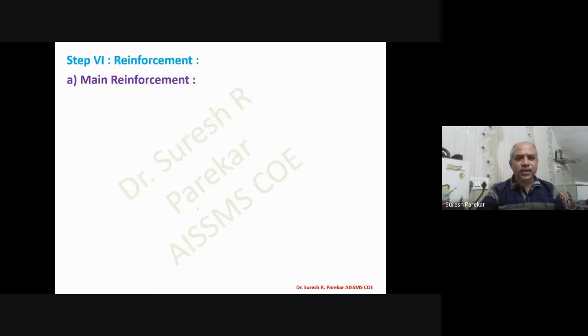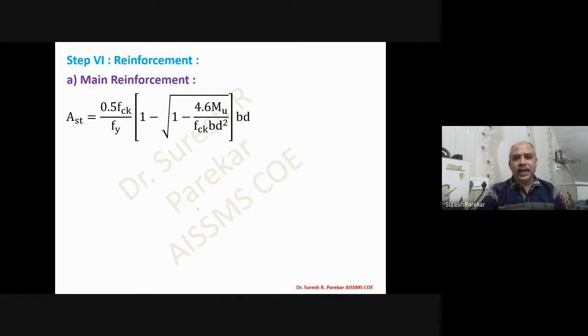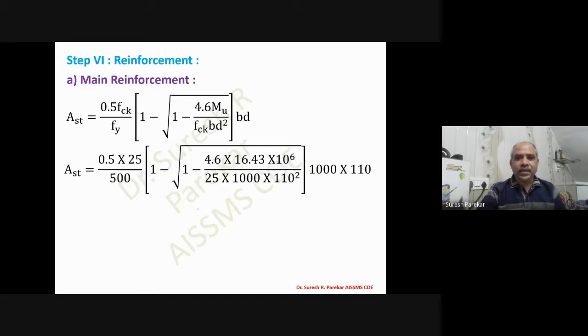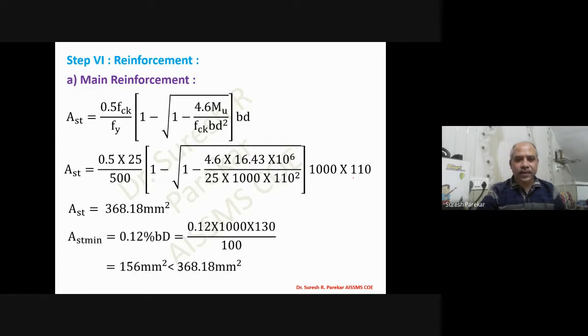Then we have reinforcement. We will go for the maximum value of Mu reinforcement, and the others we can only tabulate. This will be the maximum bending moment, 16.43, and effective depth we have 110. From this we are going to get the value of AST required. This is the maximum moment already seen, and AST required becomes 368.18 mm square.